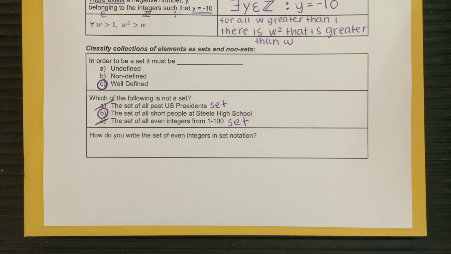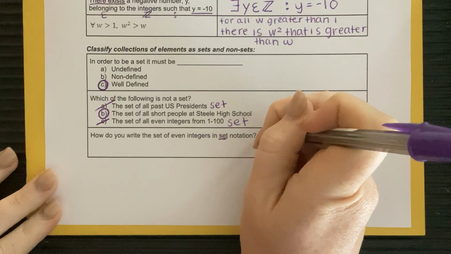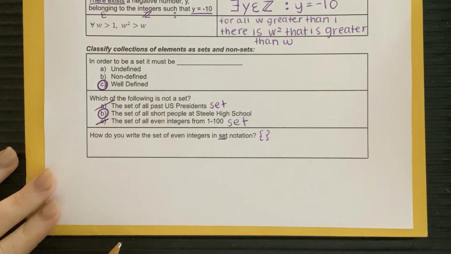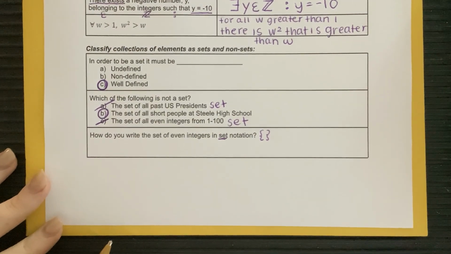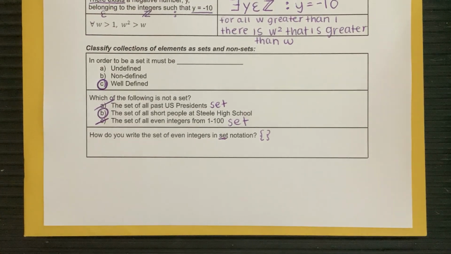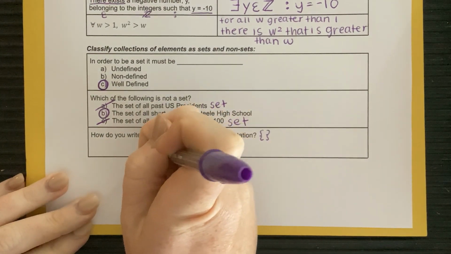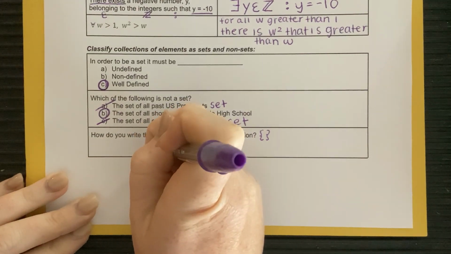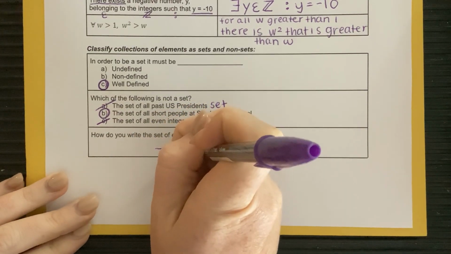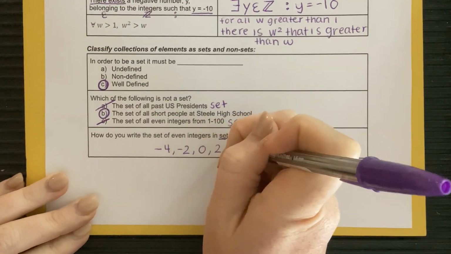Okay, the last one is saying, how do you write the set of even integers in set notation? If you want to write a set notation, that implies curly brackets. And if I'm going to write the even integers, I'm obviously not going to write out every single even integer that there is. So I need to apply a pattern, and then I can show from there. Even integers could be -4, -2, 0 is technically an even integer, 2, 4.